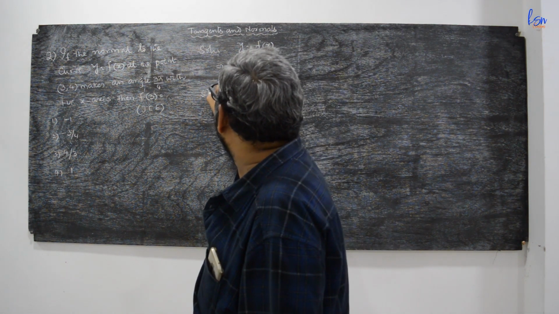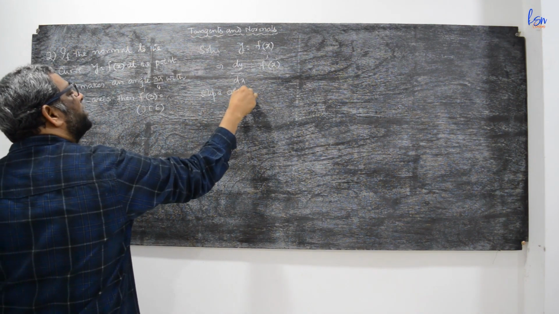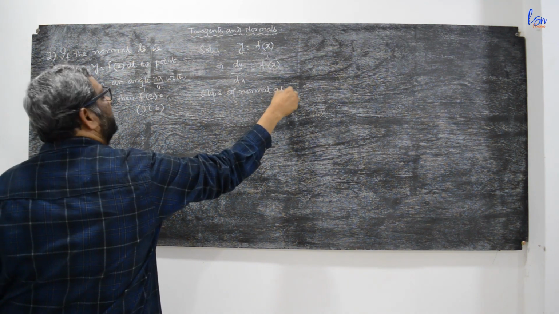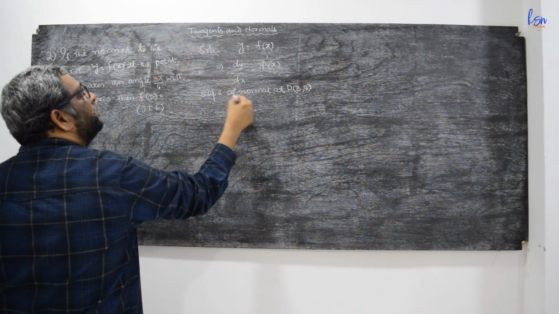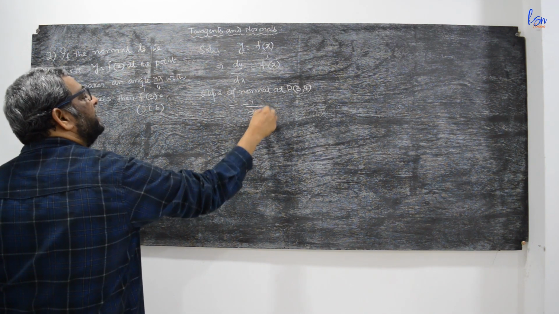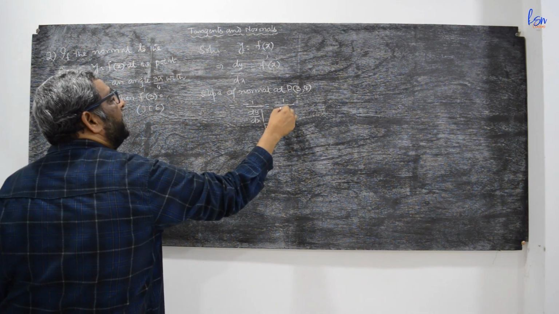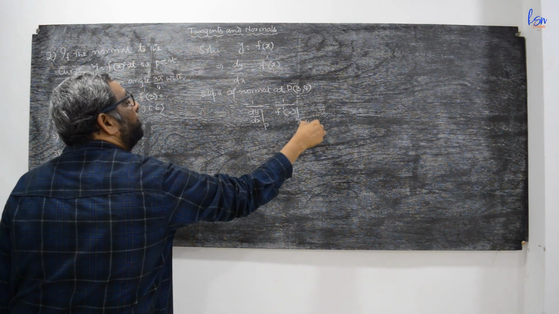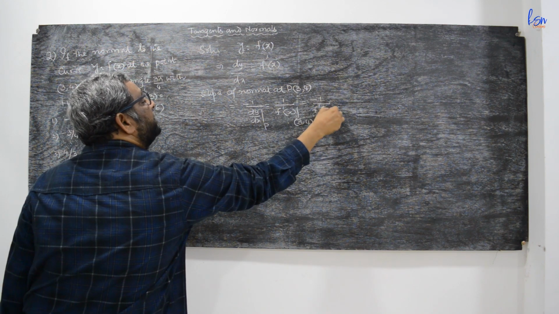Slope of the normal at P(3, 4) is equal to minus 1 by dy by dx at P is equal to minus 1 by f dash x at (3, 4) is equal to minus 1 by f dash 3.